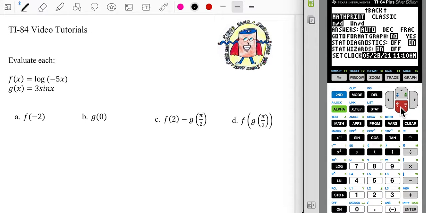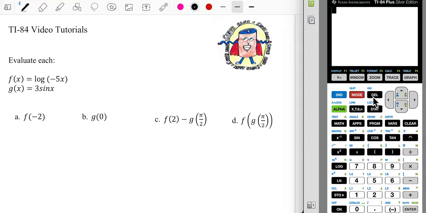It is important when you're dealing with statistical concepts that your stat diagnostics and your stat wizards are on. If those are set, then you have a pretty good mode and you're ready to go. And generally we want math print rather than classic, but there are some circumstances where we would want classic, but we'll cross that bridge down the line. So second mode to quit out of there.